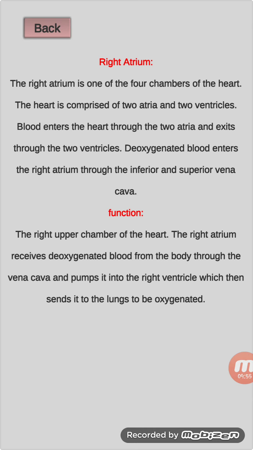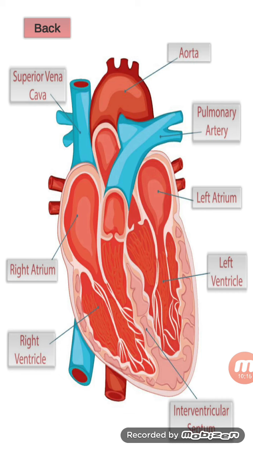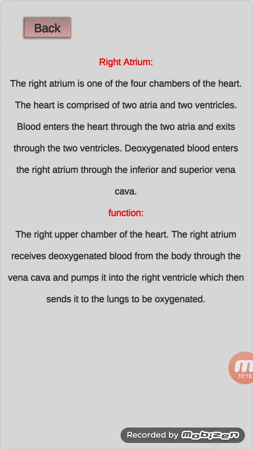The two atria are separated by a thin atrial septum. In the fetal heart, the atrial septum has a small pore called foramen ovale. In adults, fossa ovalis is present in the interatrial septum. This right atrium receives deoxygenated blood from all parts of the body except lungs.